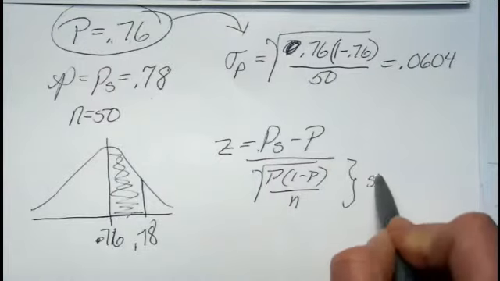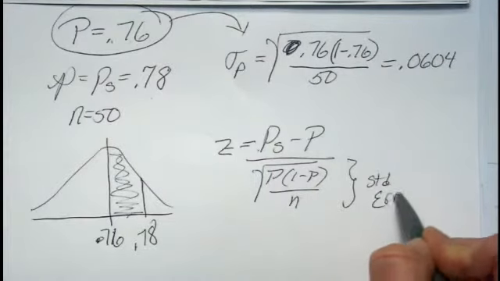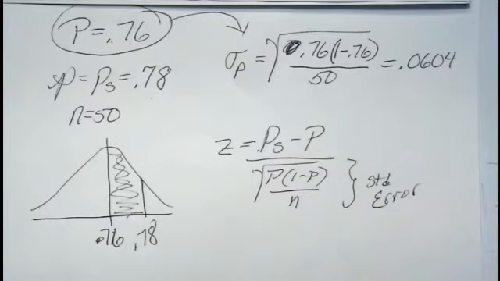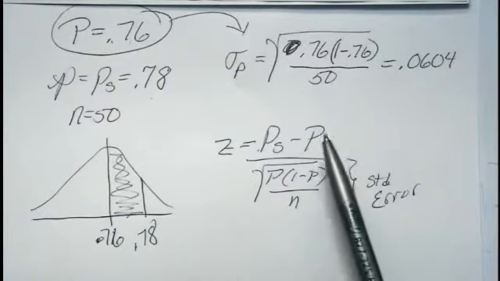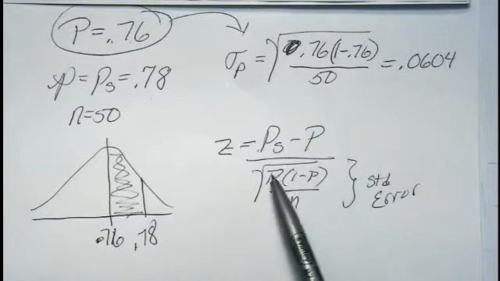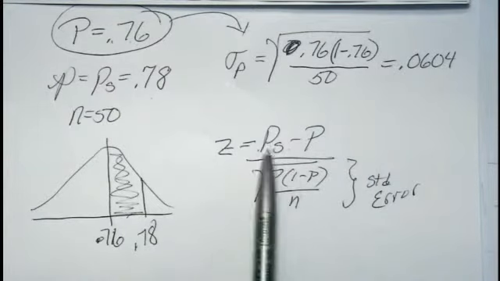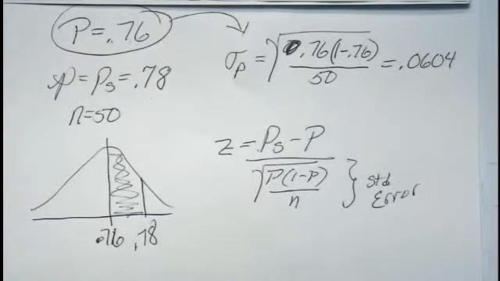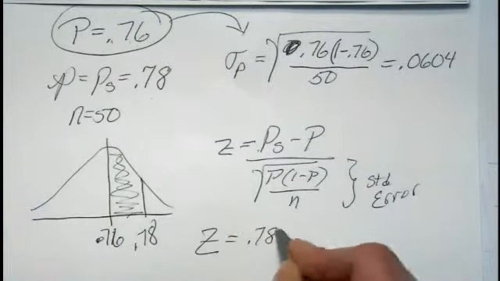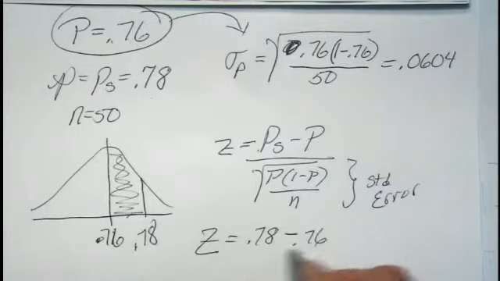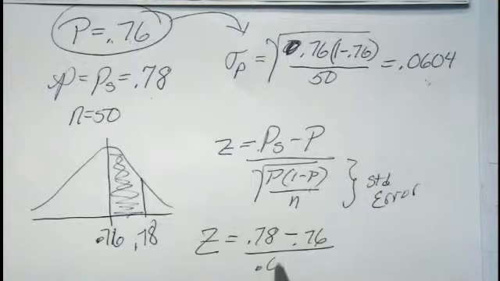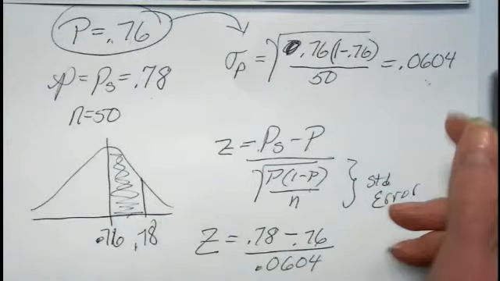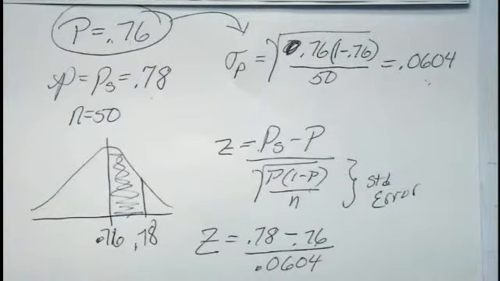Again, this is the standard error. You'll notice in the formula, and I want to emphasize this, the population percent is used in 1, 2, 3 places. The sample percent is only used in 1. So let's see. The sample is 0.78 minus the population. Now the standard error I already calculated, so I'm not going to calculate it again. That's one of the advantages of calculating it ahead.